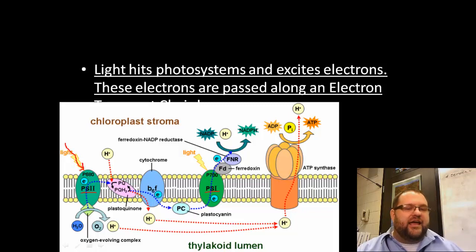And that photosystem takes this electron that came off of water, and it gives that electron a ton of energy. It does what we call excites the electron. So the whole purpose of light is to excite electrons.